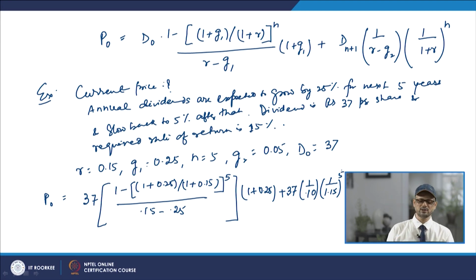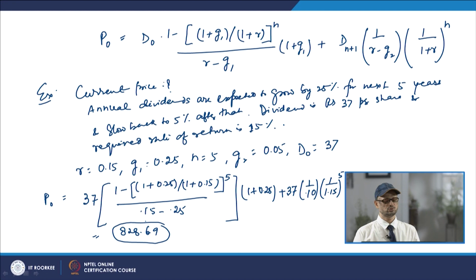This way you can calculate the P naught value, and it will come close to 828.69. This is how you solve such problems when you have two-stage growth, or different stages of growth, in the case of dividends, and also how the dividends grow.